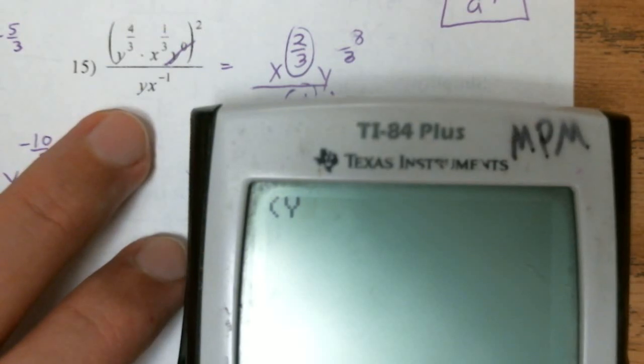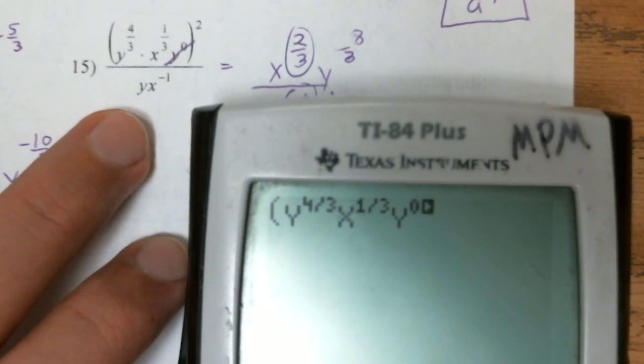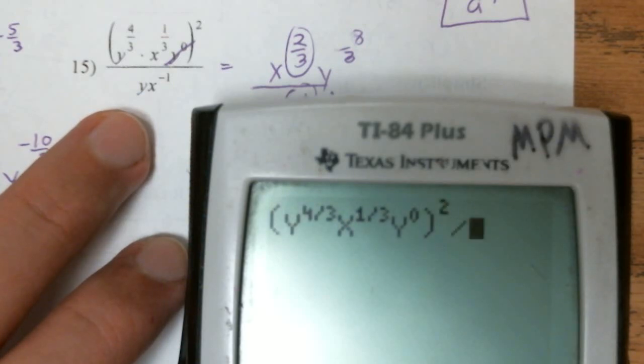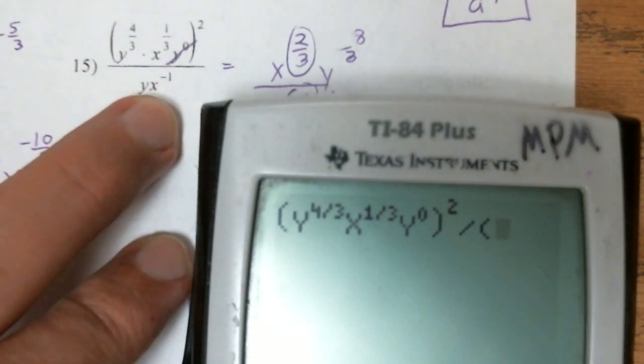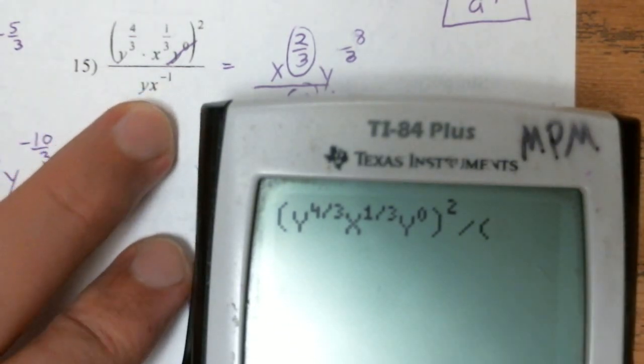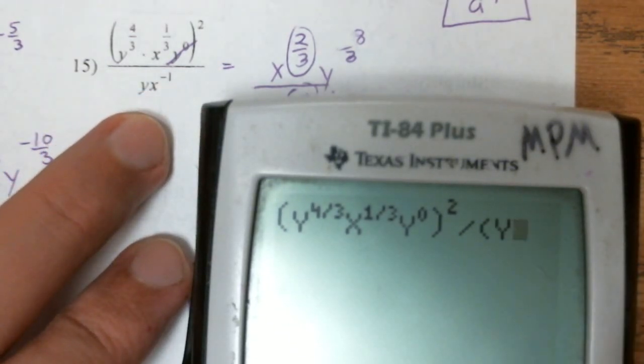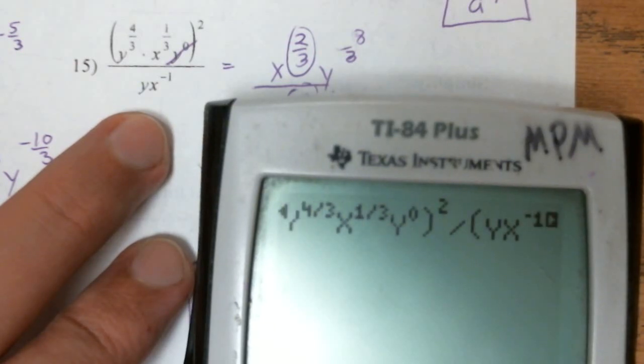Parentheses, alpha y raised to the 4/3, x raised to the 1/3, alpha y raised to the 0, parentheses, squared, divided by, parentheses, now I have to put all that in parentheses so my calculator knows I'm dividing by all of this, alpha y x raised to the negative 1.